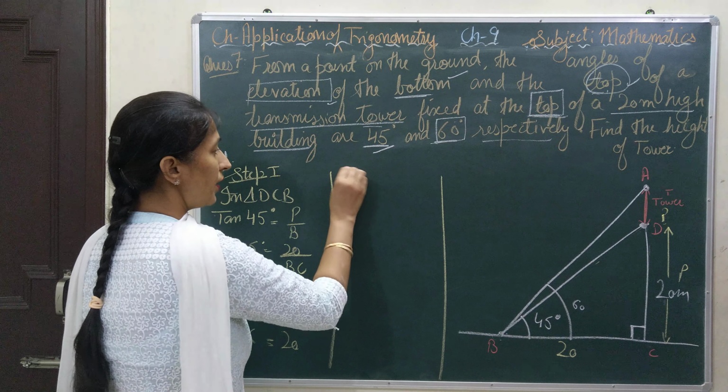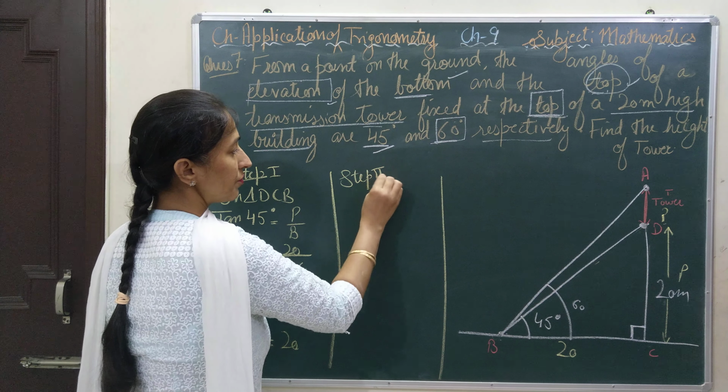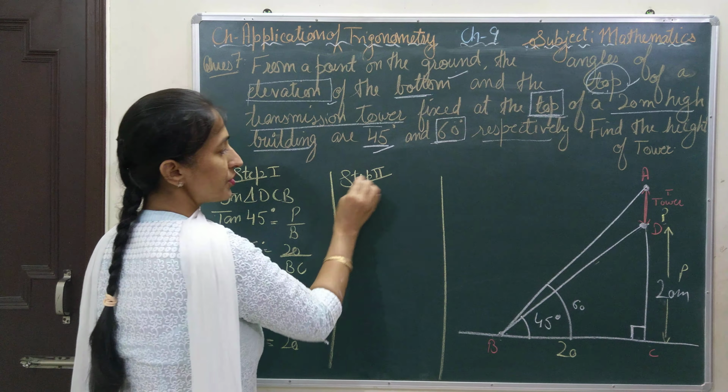Let us do the second part, step 2 of the question. Here you will be using the second triangle, and this triangle is triangle ABC. In triangle ABC, we need this perpendicular, that is AC, because this full length is included in this triangle. AC is the height, this is the perpendicular, and the base is the same BC. So tan theta is perpendicular by base.